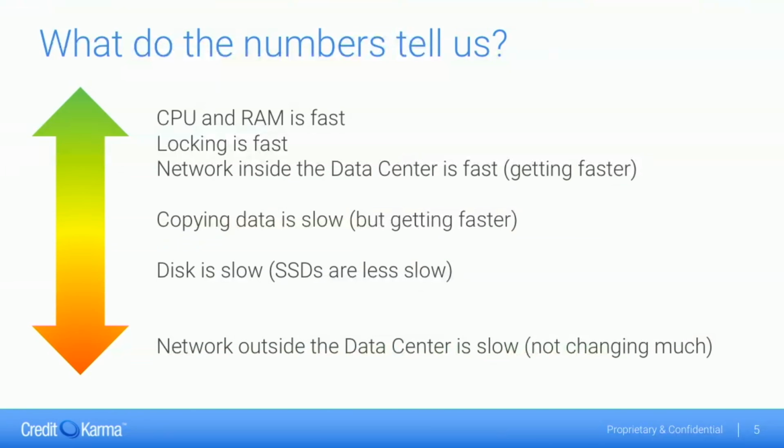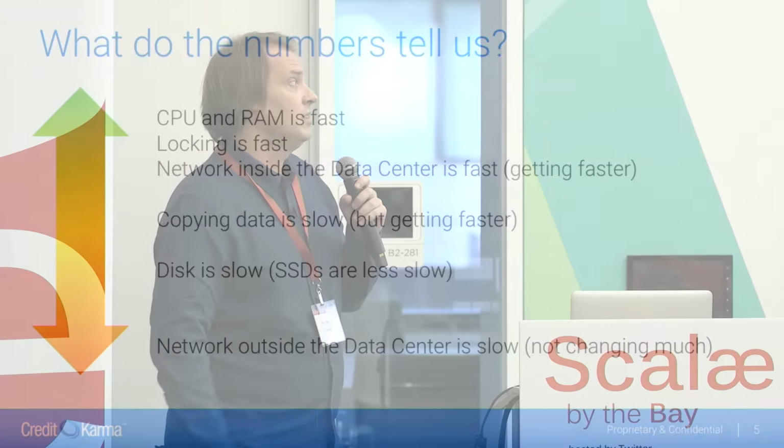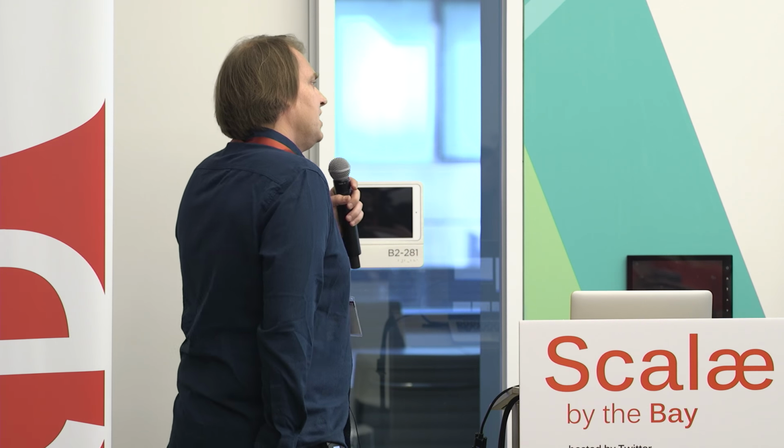Not so a few years ago, but they've done a really great job improving backplanes and routers to make them go very, very fast. Copying data is still a little slow, but it's still pretty fast. Disks are slow, but SSDs are less slow. And anytime you go around the world or go from data center to data center, it's always very slow.